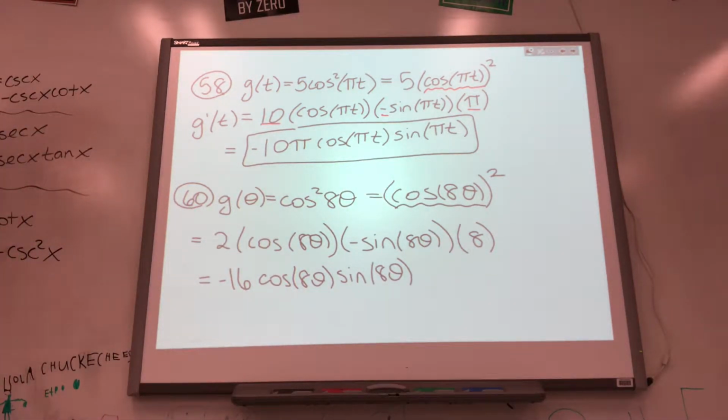I think the final answer on 62 is negative 4 pi, cotangent of pi t plus 2, cosecant squared of pi t plus 2. The cosecant squared came into play just because that's the derivative of cotangent.